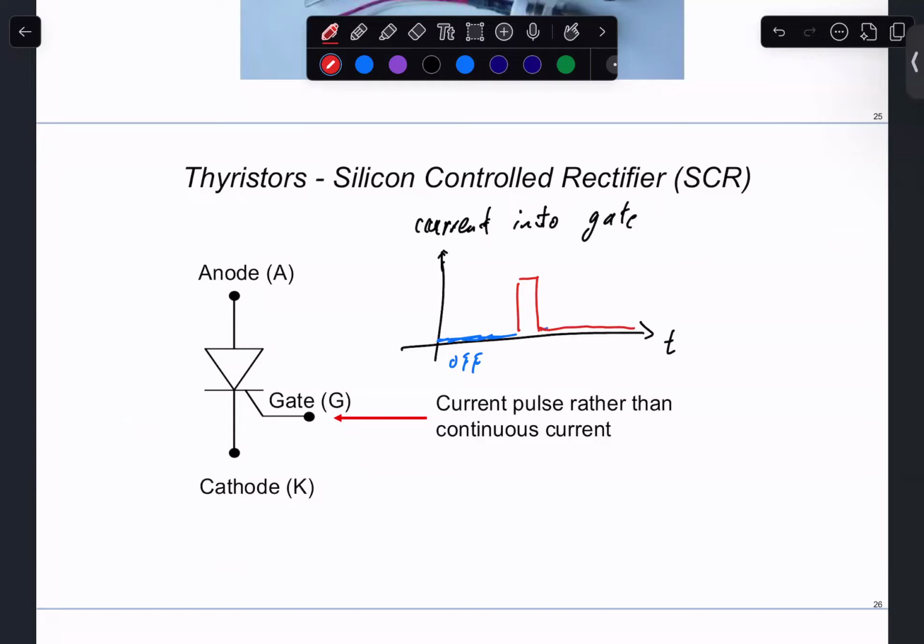But after applying this pulse of current, from this time onwards, this is on. So we want to turn this diode on, and we do this by applying a pulse of current. We don't need continuous current like in the bipolar junction transistor. Of course, this is a less finely controlled action. We're not switching it back and forth; we're just switching it from off to on once.